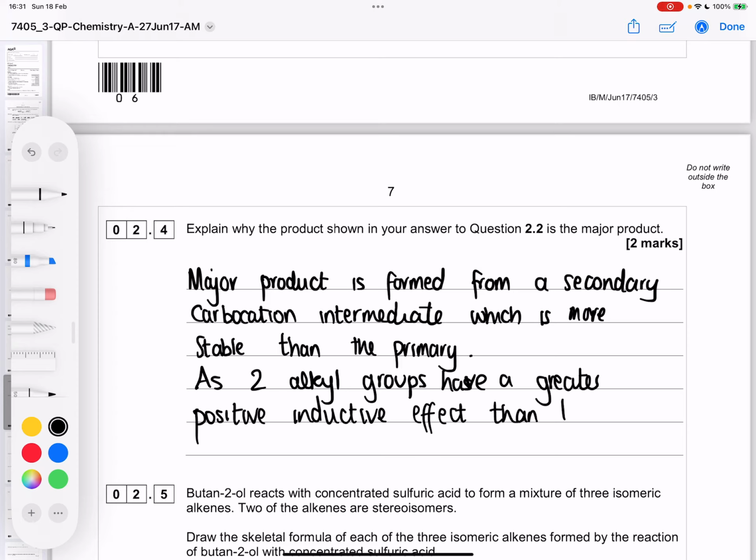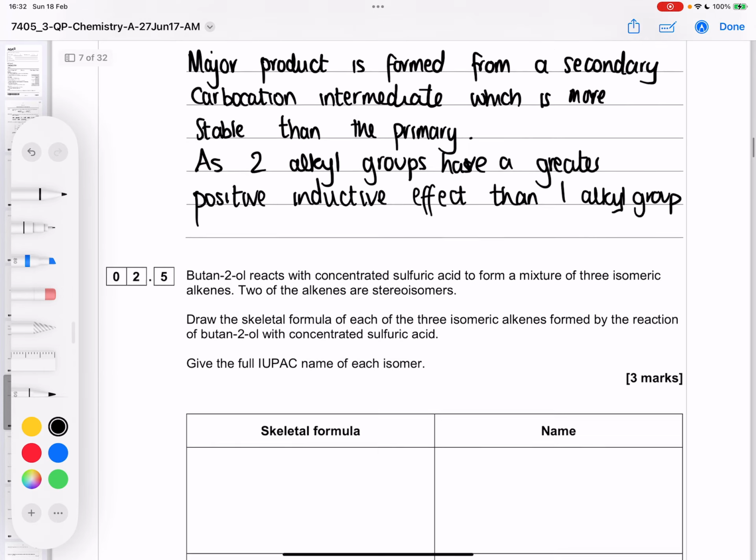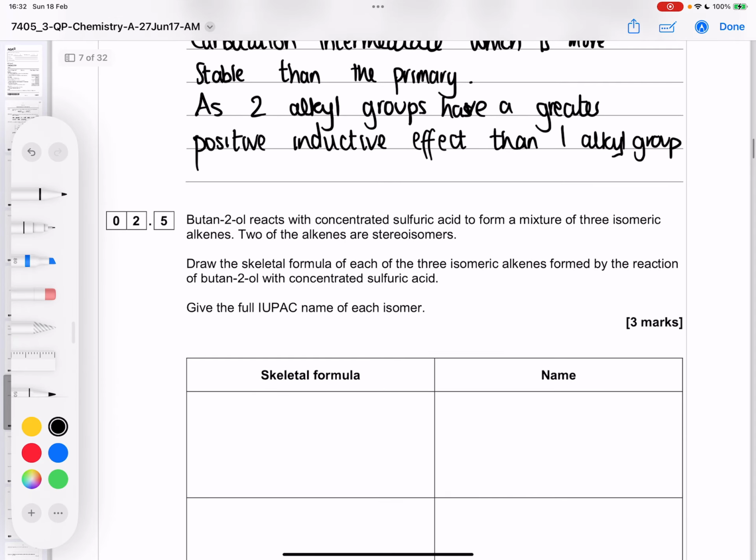So that secondary carbocation intermediate is more stable and they're therefore more likely to form at that point, that first step when the alkene opens up, much more likely to form the secondary carbocation.